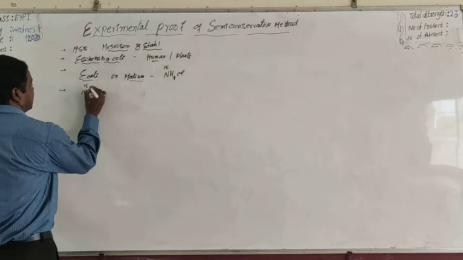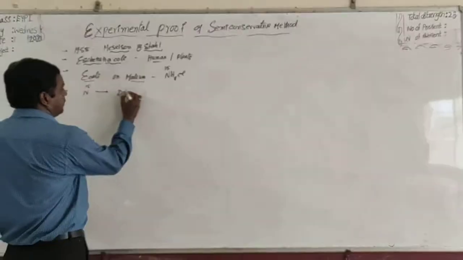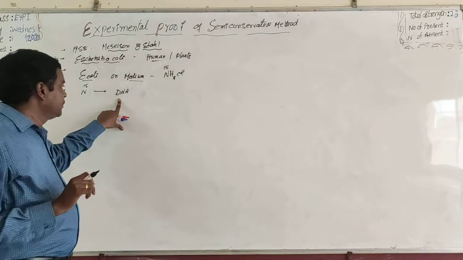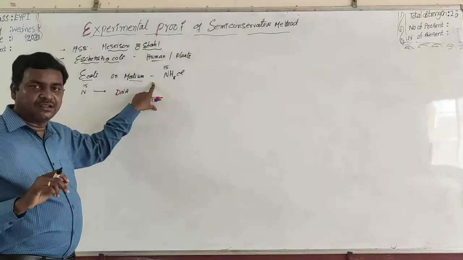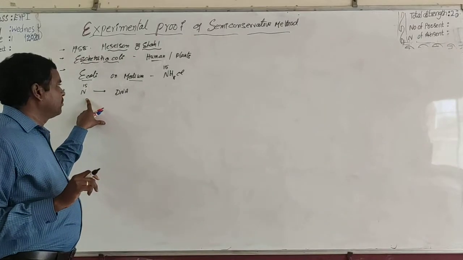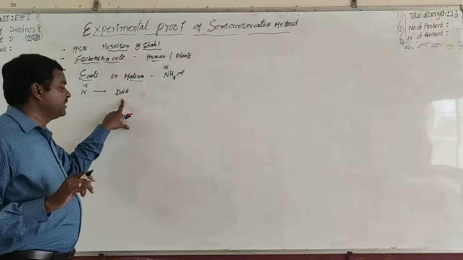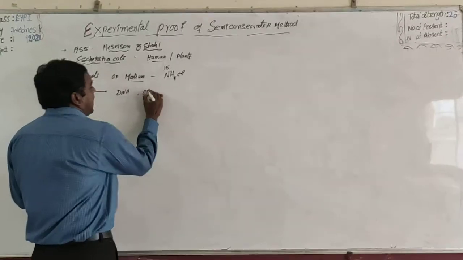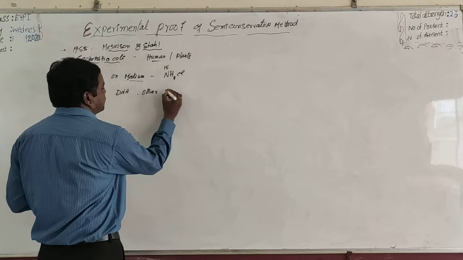So this N15 is incorporated into DNA during bacterial replication. The heavy nitrogen isotope is incorporated into DNA and also other nitrogen compounds.